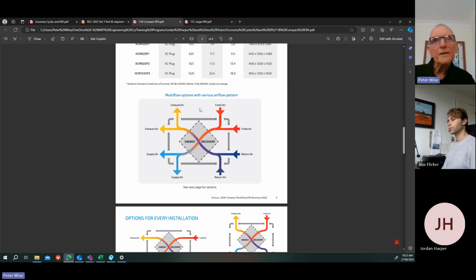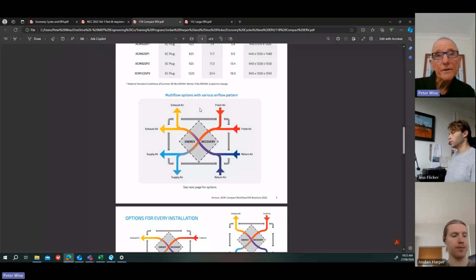But the table in AS 1668 Part 2 that talks about separation distances still applies here. So if it's 1,000 litres a second, it says 6 metres. So if you can achieve that, that's ideal. But if you can't, it's not critical. You know what I mean by that? Yeah.